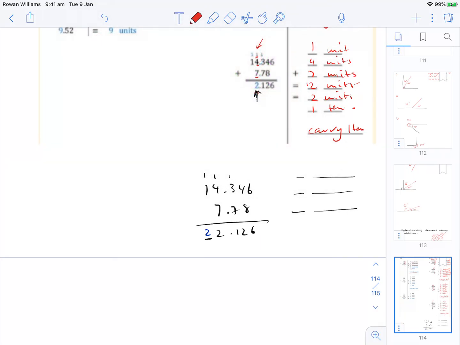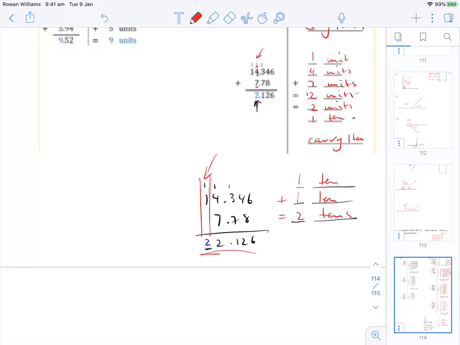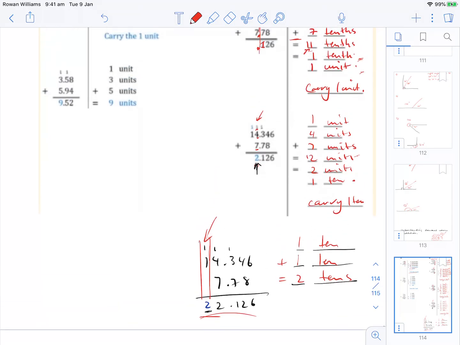We'll fill that in. I'm over in my tens column now, this column here. I've got 1 ten plus 1 ten equals 2 tens. I put that down there, and I've solved my answer now. But with the understanding ones, it's really about being able to describe what's happening.